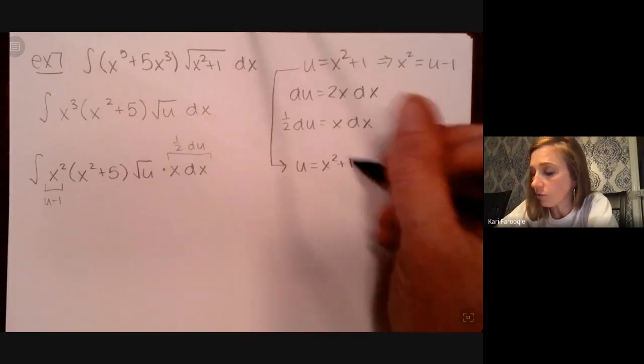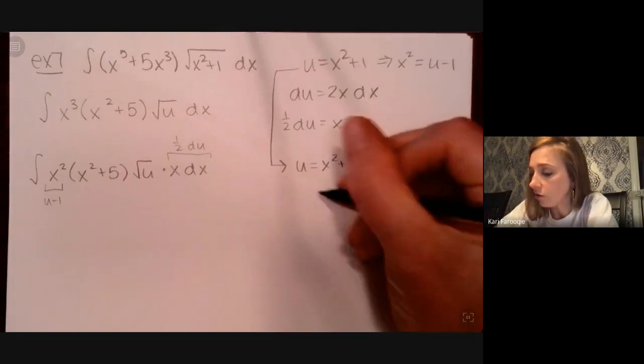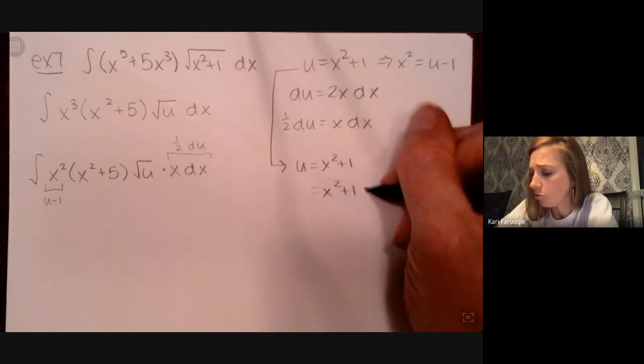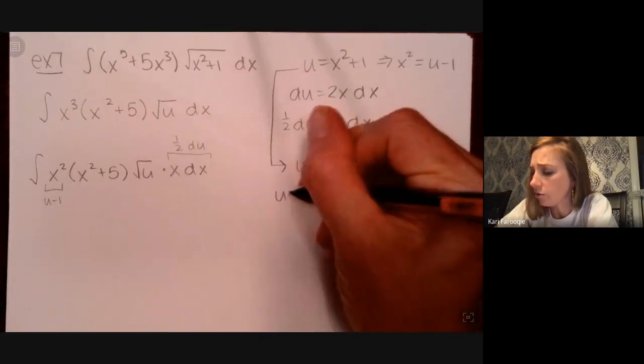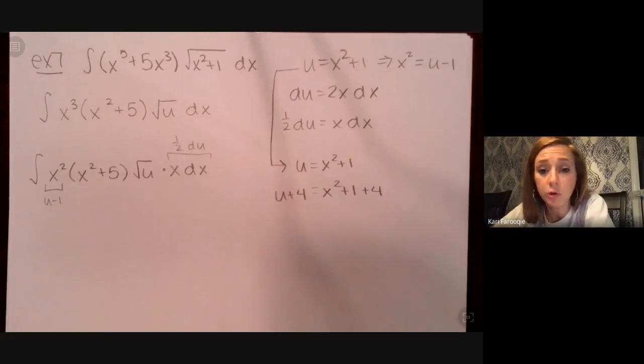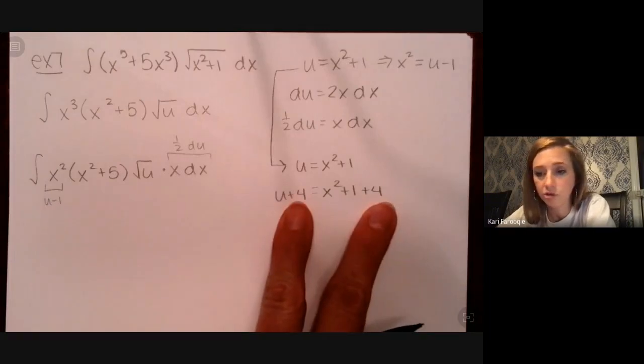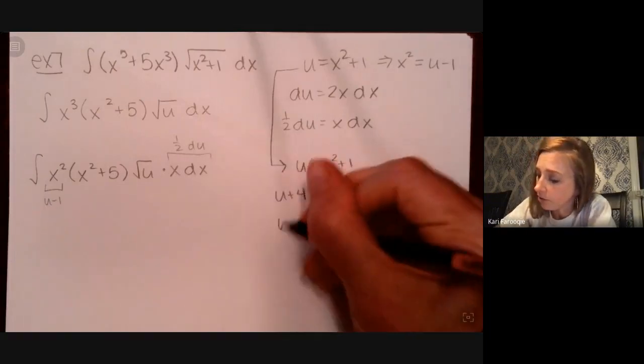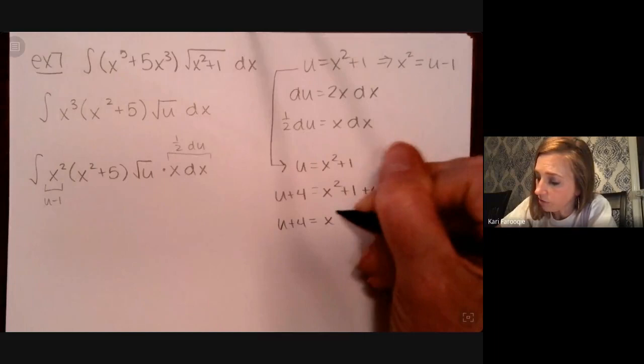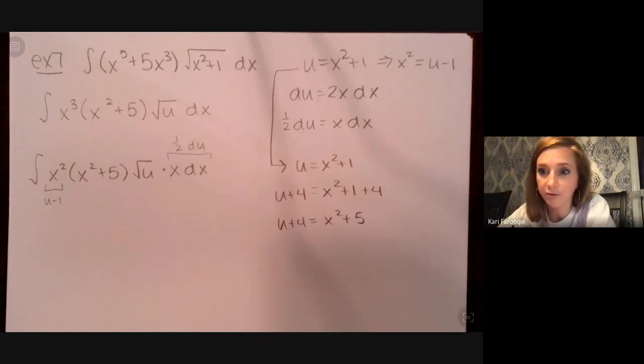For instance, if I wanted to create an x squared plus 5, I could take x squared plus 1 and then add 4 more to it. But it's an equation. What I do to one side, I have to do to the other side. So I added 4 on each side. I haven't changed anything. Now I can say that u plus 4 is x squared plus 5.